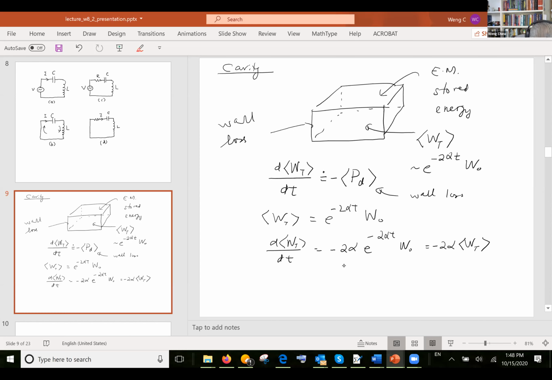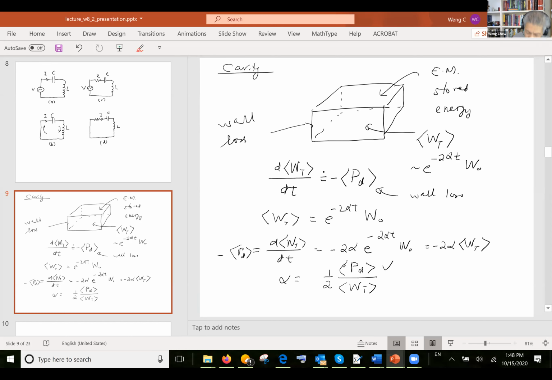So you can see that there is a way of estimating alpha. Alpha is given by minus 1 over 2 W(t) times d/dt of W(t), and the left-hand side is just minus P_D. So alpha is just equal to P_D over 2 W(t).